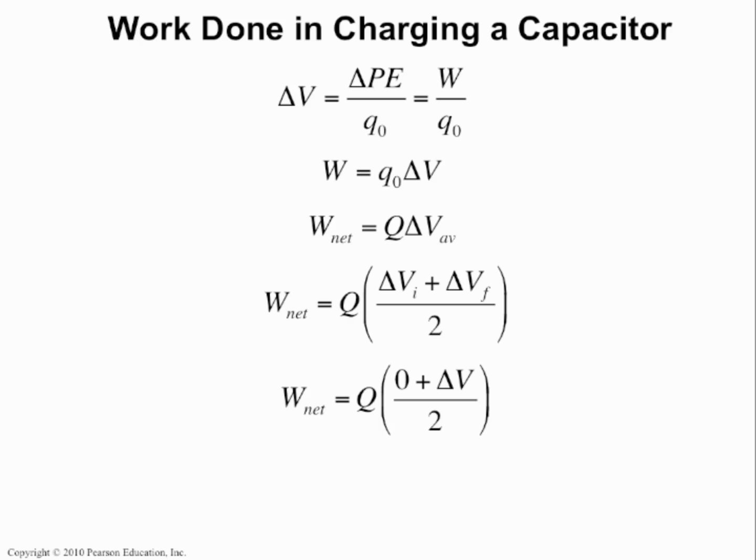But we're going to end up with a final potential difference, or delta V, that matches the delta V of the entire capacitor. So we can rewrite it this way, and we have our net work equals 1/2 big Q delta V. Big Q is the overall charge on the fully charged capacitor, and delta V is the overall potential difference.